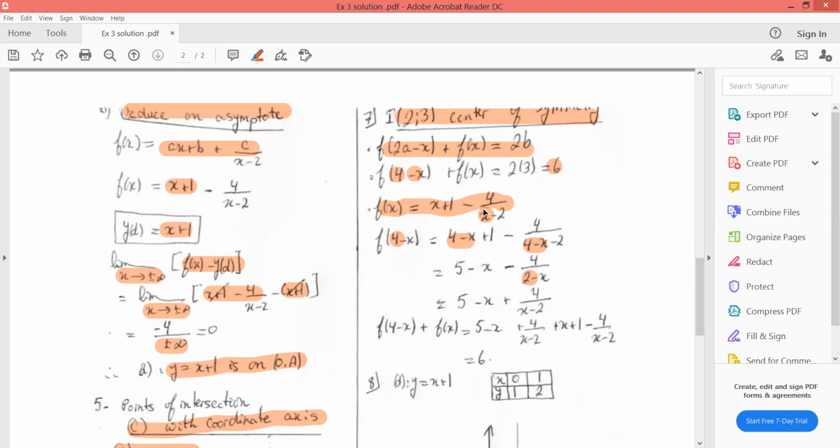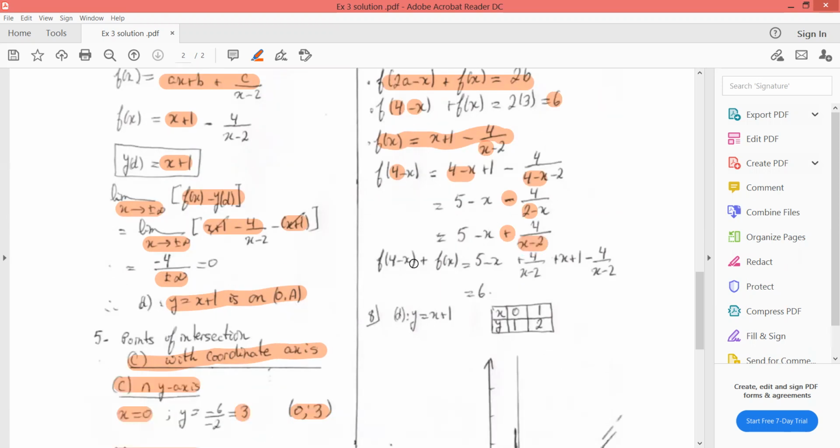Since in the function I have x minus 2, I change this 2 minus x to x minus 2 by changing this sign. The sign is minus, so I change it, and it becomes plus 4 over (x minus 2). Now f of (4 minus x) plus f(x).